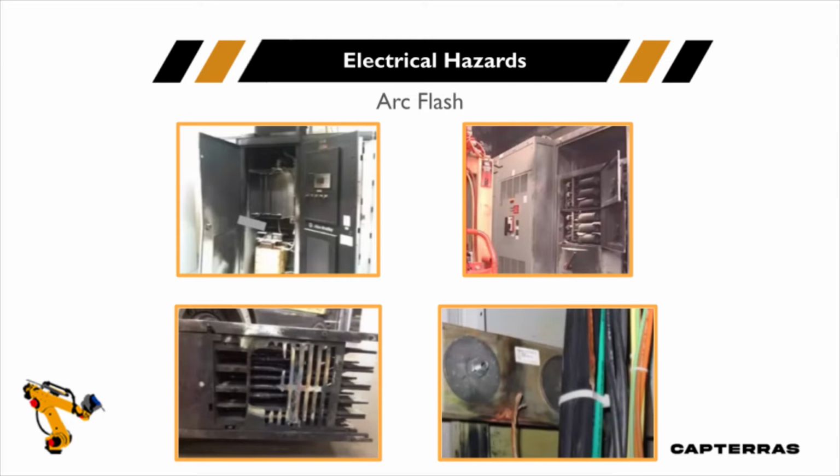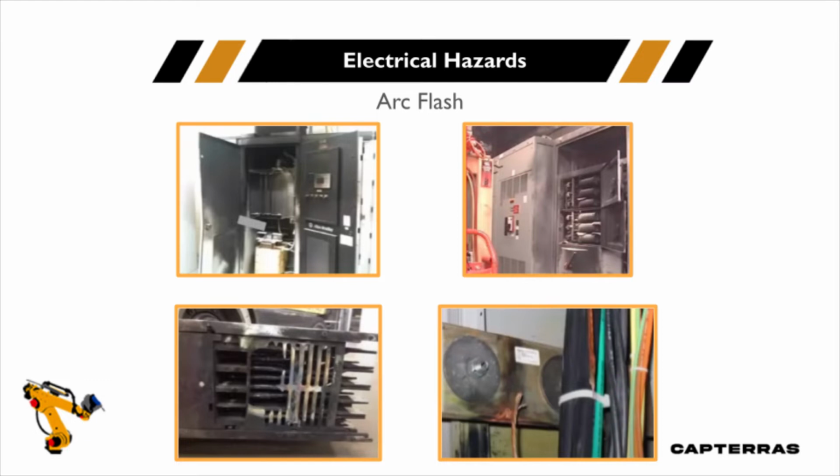So, of course, we also have to deal with arc flash hazards. On the upper left, you see a cabinet. This is actually an adjustable speed drive, a medium voltage adjustable speed drive, that had an arc flash event. Now, the technician that was operating the drive actually had the door closed when he was operating it, and if he didn't have PPE on, he would have been injured.